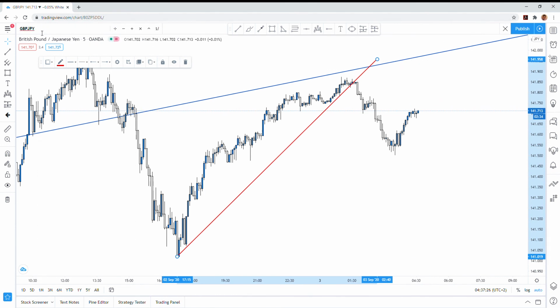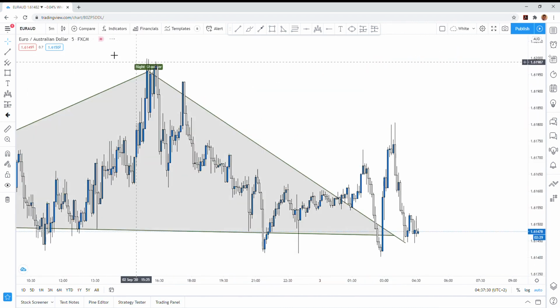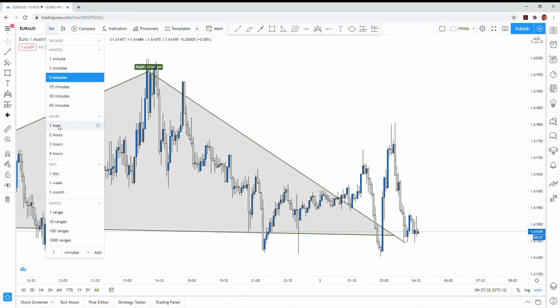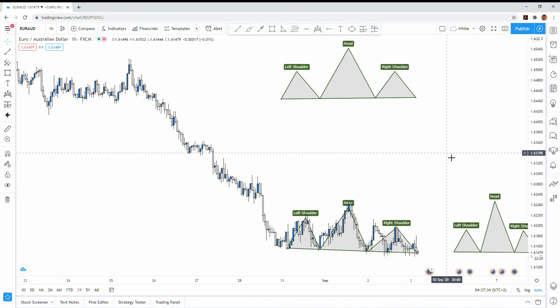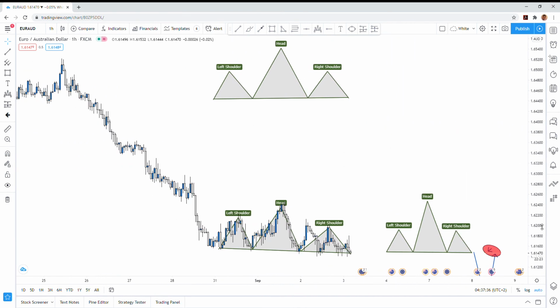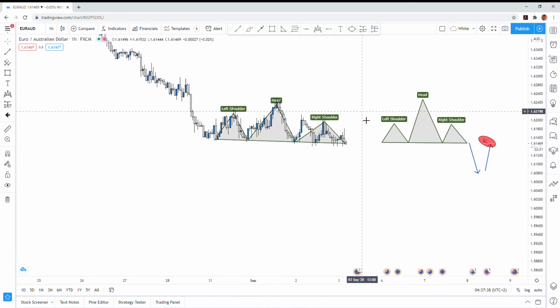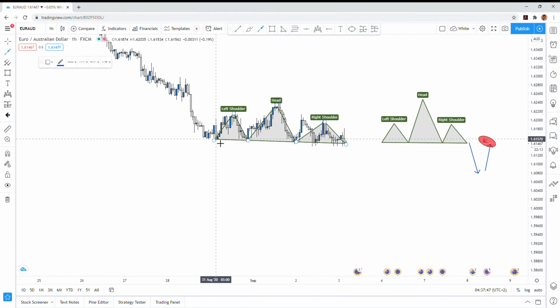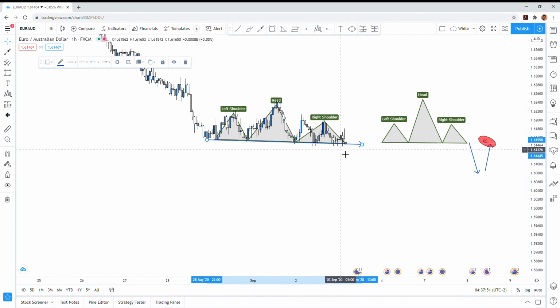Let me go back to that Euro Aussie trade. So considering what I've just said, you have to wait for a break of this trend line, of this neckline. This is the neckline, guys. Those who are new in trading, this is the neck.